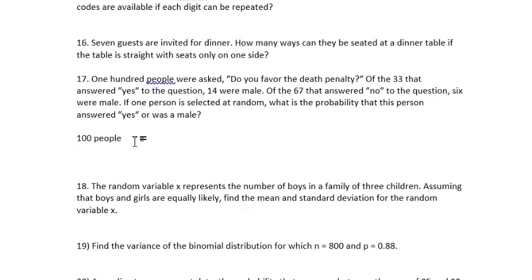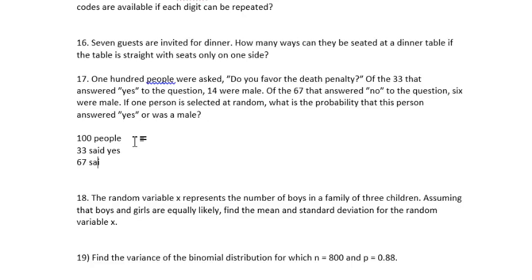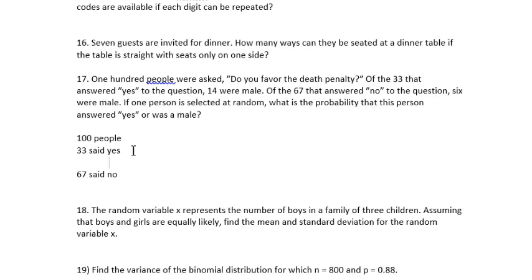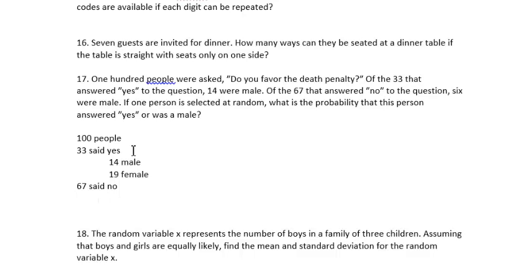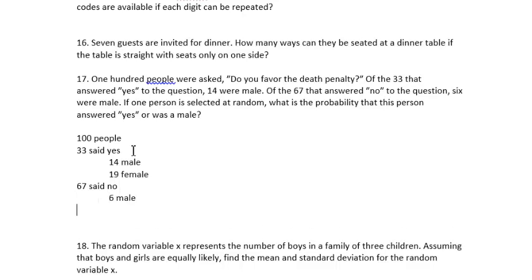And let's just put the numbers over here. 33 said yes. 67 said no. Of the 33 that said yes, 14 were male, which obviously means that 33 minus 14, which is 19 people, were female. Of the 67 that said no, 6 were male. And how many were female? So I guess there must have been 61 that were female.